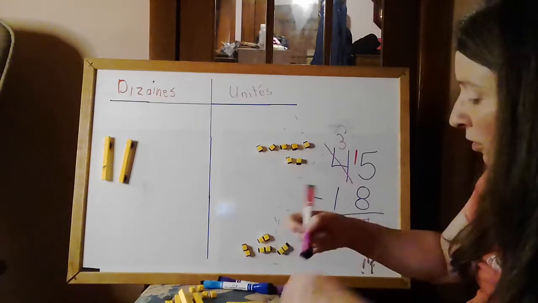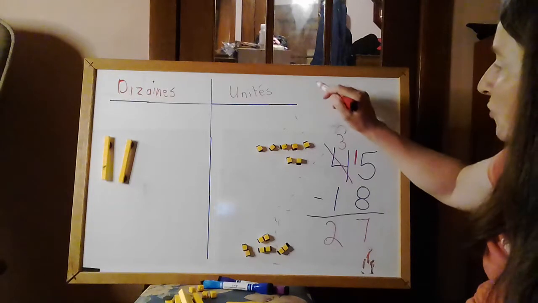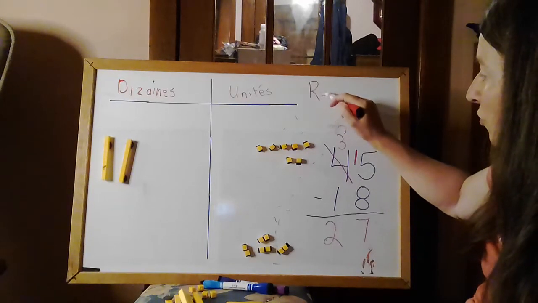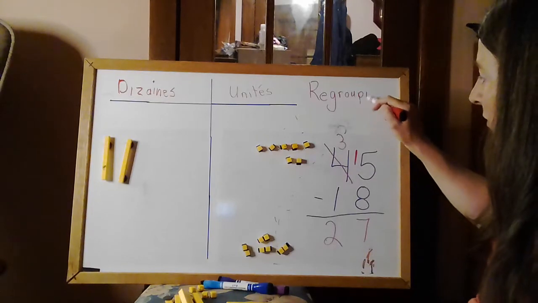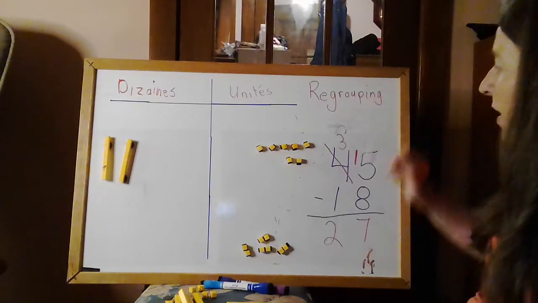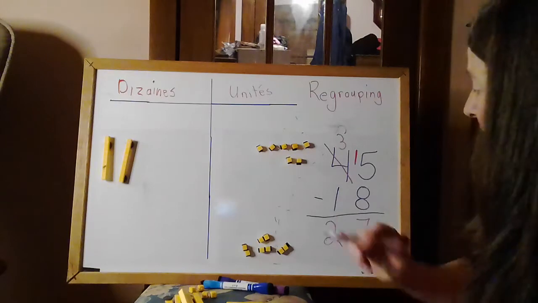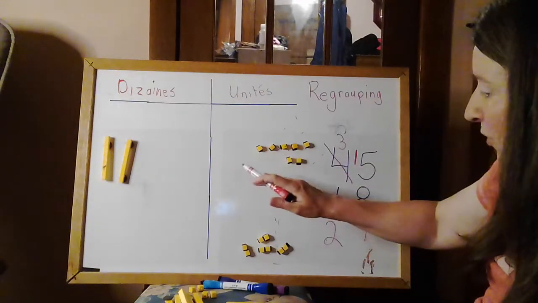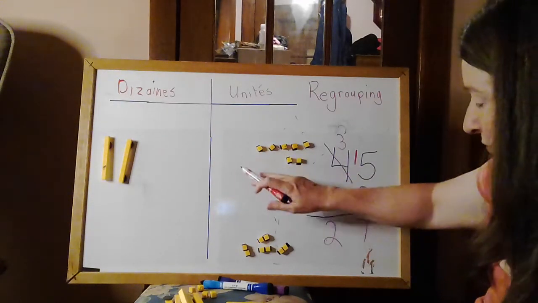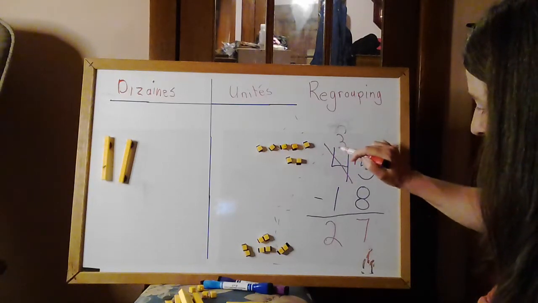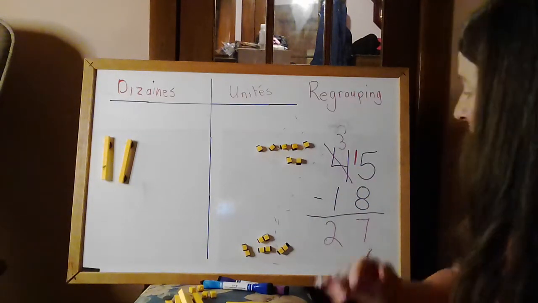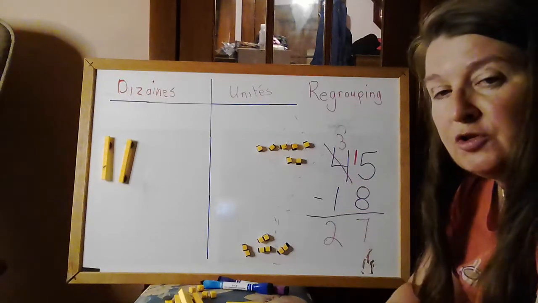And that is called subtraction with regrouping. An important thing to do when you're doing this is when you exchange your 10 for your 10 ones, cross it out and write down the real number of 10s that you have left so that you'll be able to do your subtraction properly.